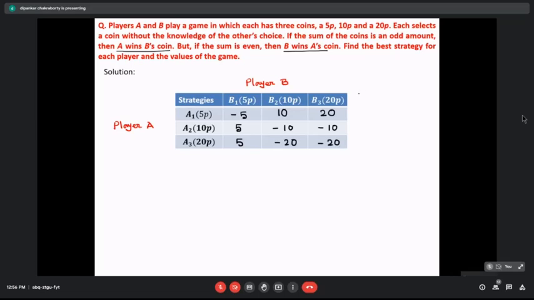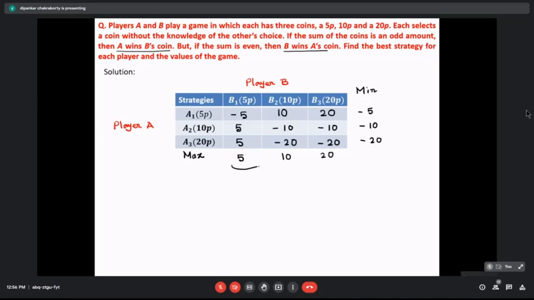So what we are going to do? First, we are going to find out the maximin principle and minimax principle. Remember that, right? First, we find the minimum of the row and the maximum of the column. Minimum of the row is minus 5, minus 10, minus 20. And maximum of the column is 5, 10, 20.